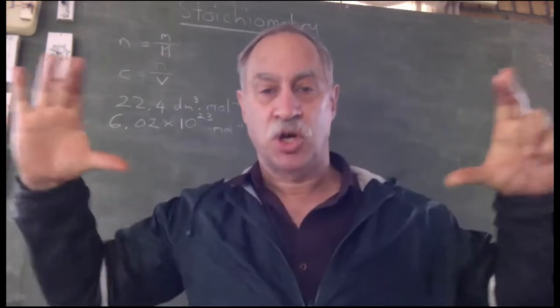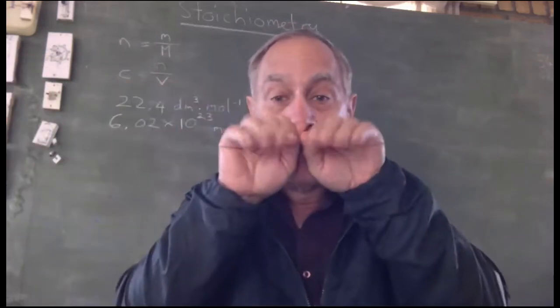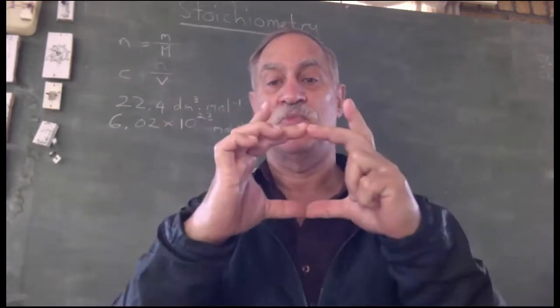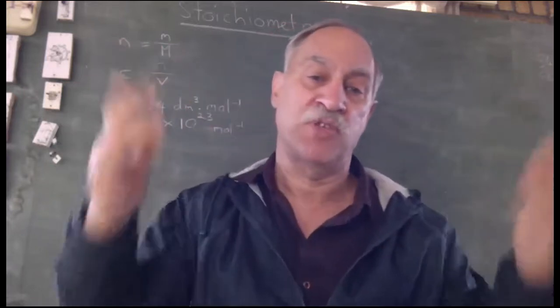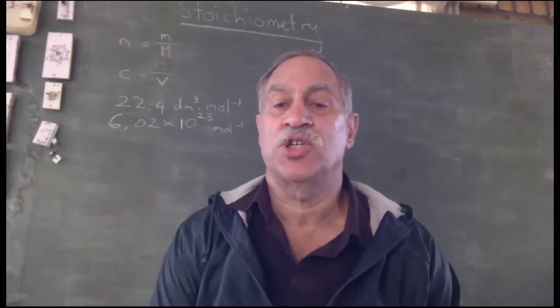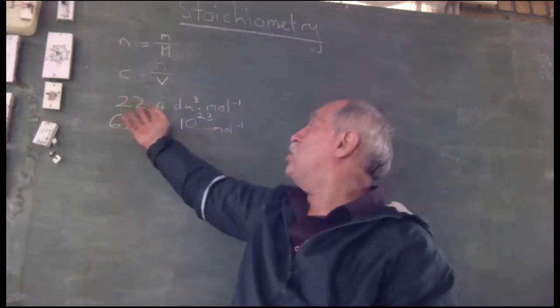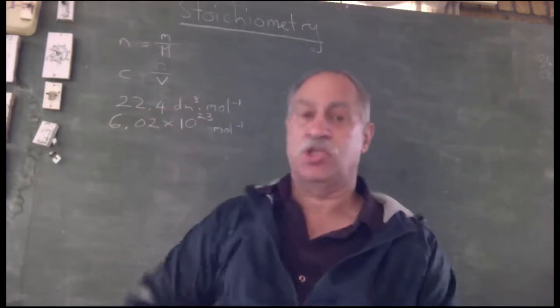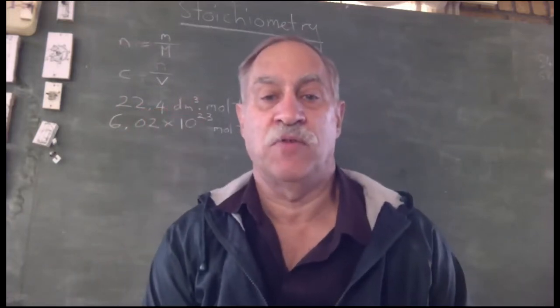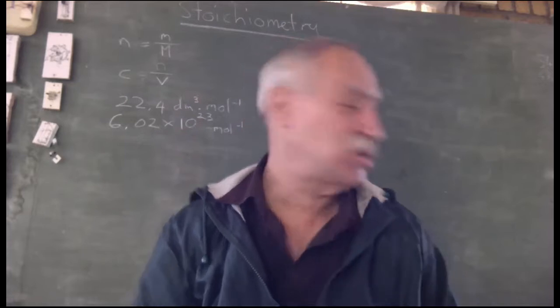So what is concentration? It's moles per decimeter cubed. That's on your data sheet. And then 2 other numbers which you've got to know: 22.4 decimeters cubed is 1 mole of a gas at STP, standard temperature and pressure.